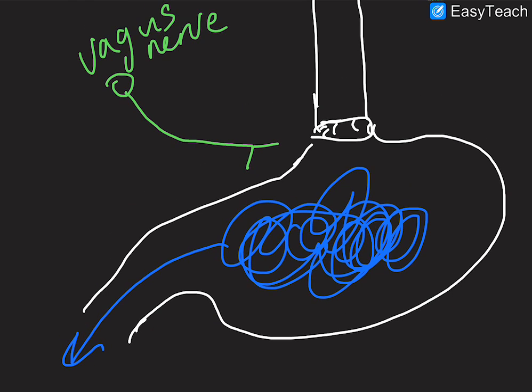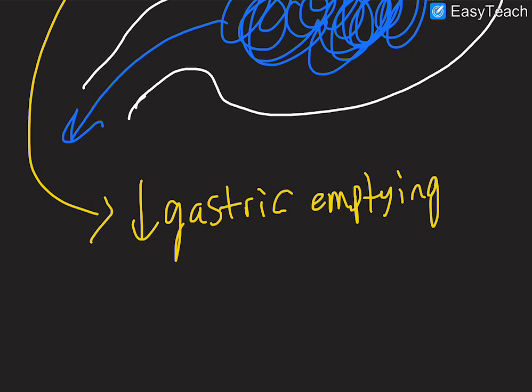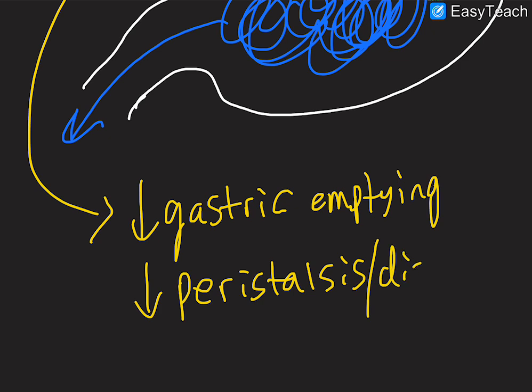Now, if this nerve has amyloid fibrils all over it, due to our familial amyloid cardiomyopathy, our mutated transthyretin amyloid fibrils, then obviously the vagus nerve won't work properly and won't be able to release much acetylcholine onto the stomach. That would mean less gastric emptying, so decreased gastric emptying, and decreased peristalsis and overall digestion in the stomach.